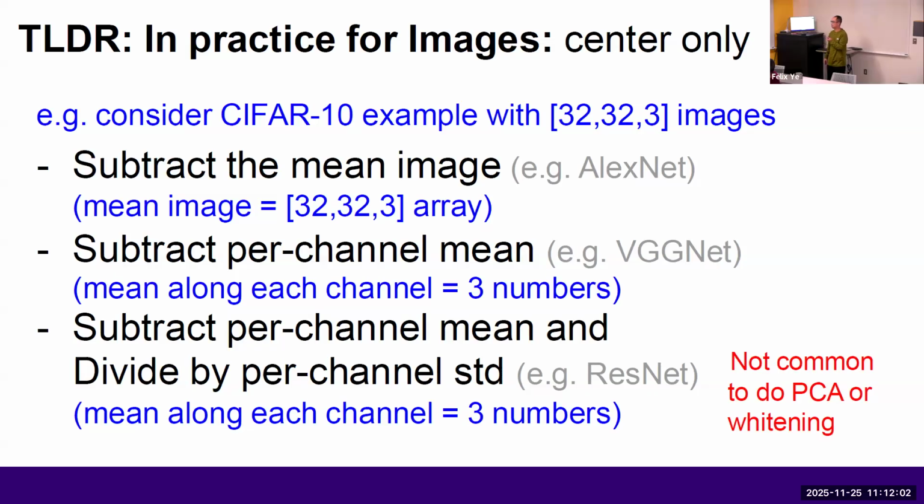So it's not common to do PCA and whitening directly here, although for machine learning it is quite common to do PCA and whitening first. This is the difference. This was a very quick look at data pre-processing; we're going to cover the whole thing in a full lecture in 593.